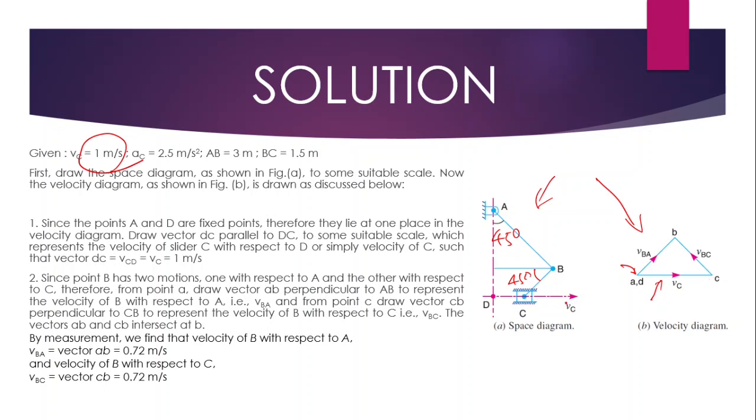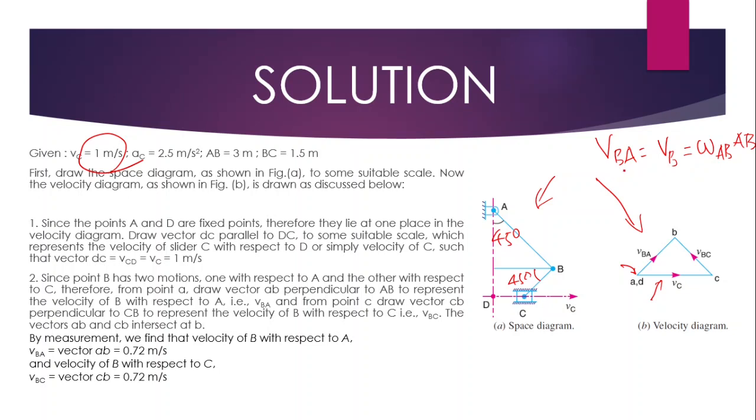In the next step we can draw the velocity of B with respect to A. The velocity of B with respect to A is again the absolute velocity, because point A is at rest. That velocity is equal to omega AB into AB, and that omega is not given in this particular question, so we cannot calculate the magnitude of this velocity.